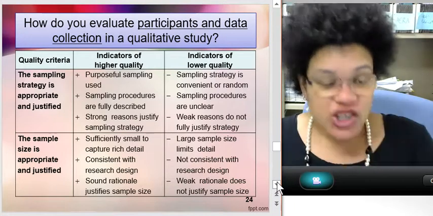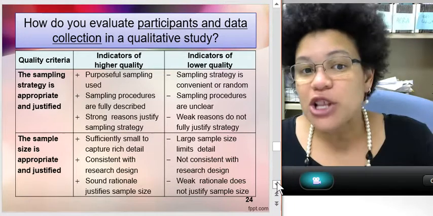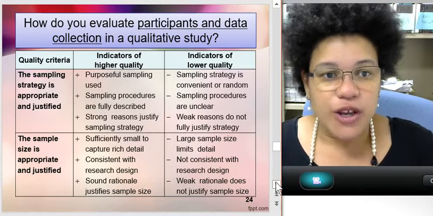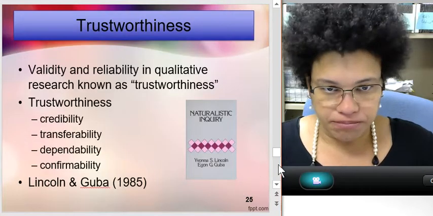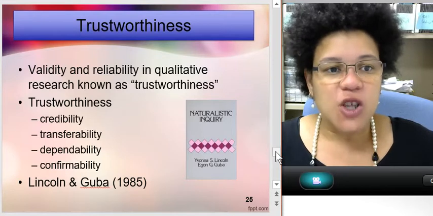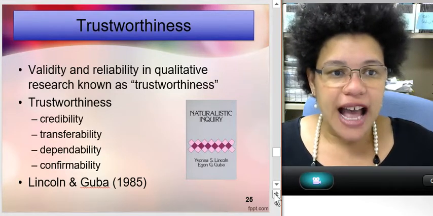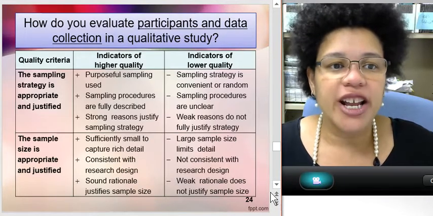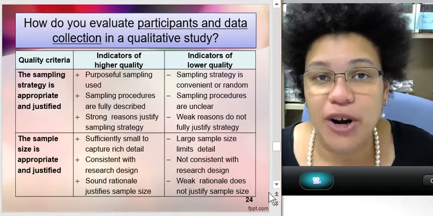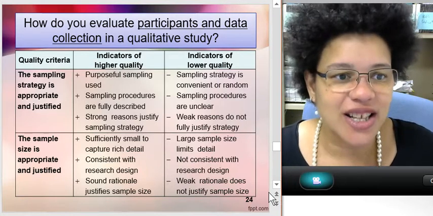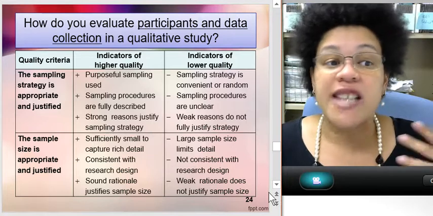Now, as you're looking at papers, you're going to be looking for some of the things that we've talked about. So on slide 24, it talks about how you evaluate participants and data collection in a qualitative study. Sampling strategy.